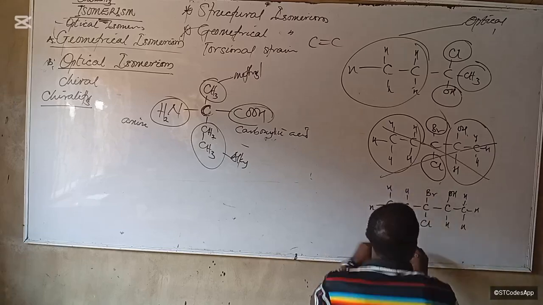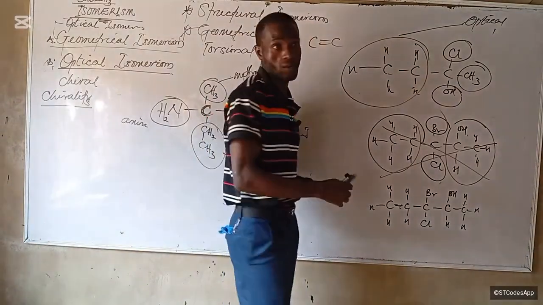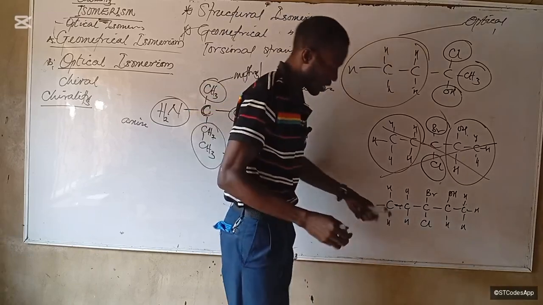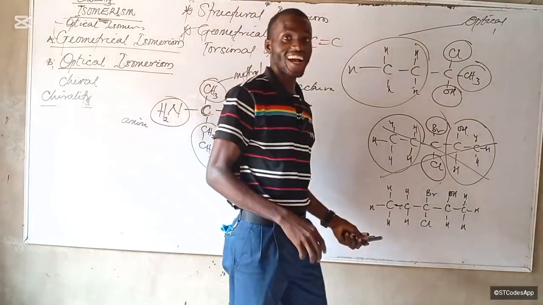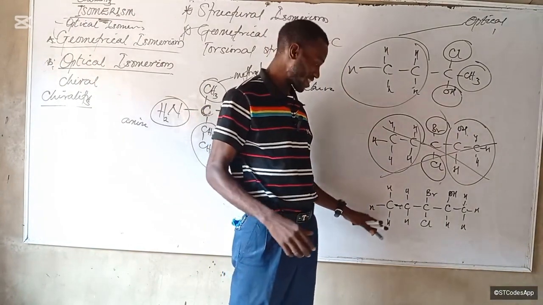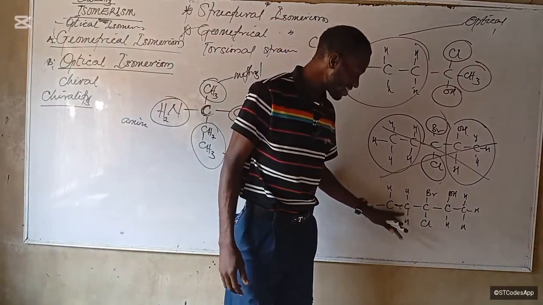Alright, let's see this together. The first carbon: chiral or achiral? That's another word for it. If it's not chiral, you say achiral. Chiral or achiral?